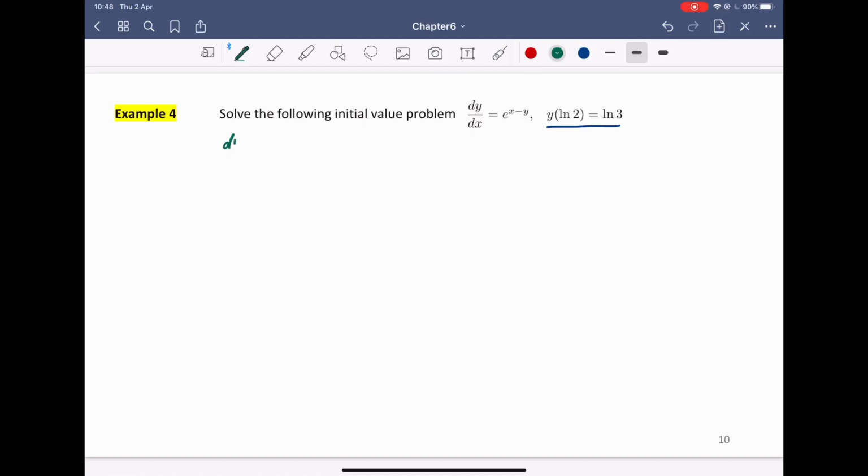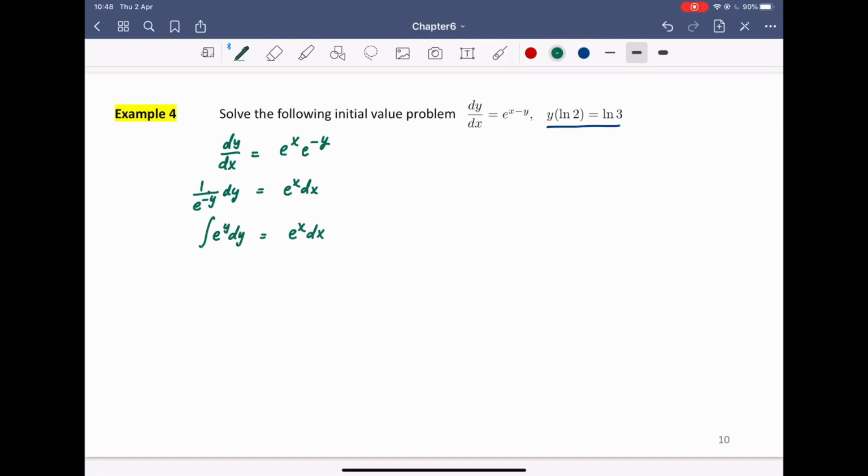We have dy/dx equal to e to the x minus y. You can separate it to e to the x times e to the minus y. Then we move e to the minus y to the left-hand side, so I get 1 over e to the minus y dy equal to e to the x dx. Then I have e to the y dy equal to e to the x dx.